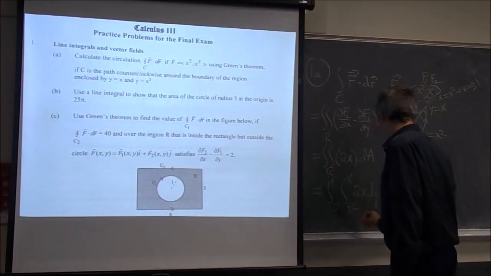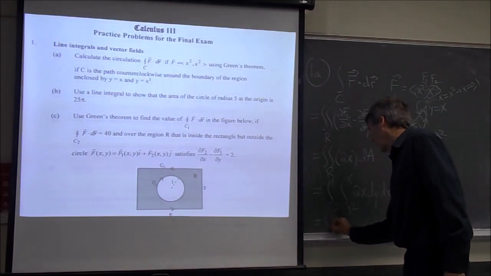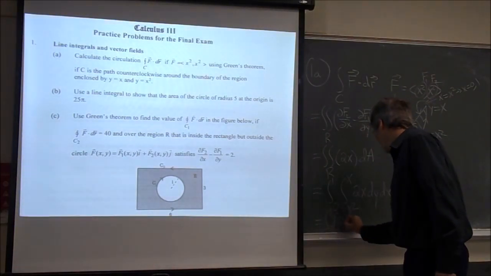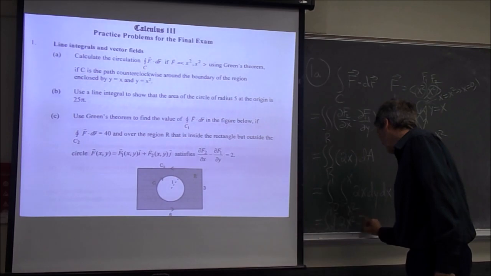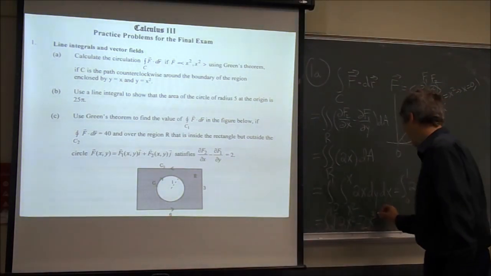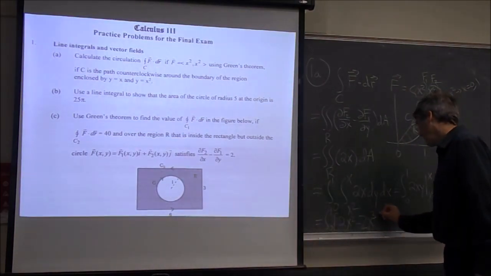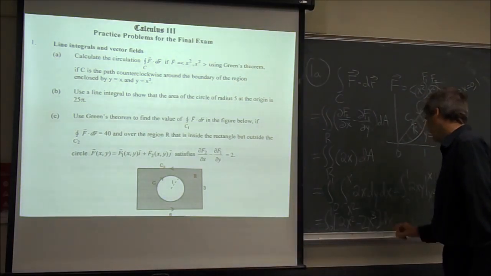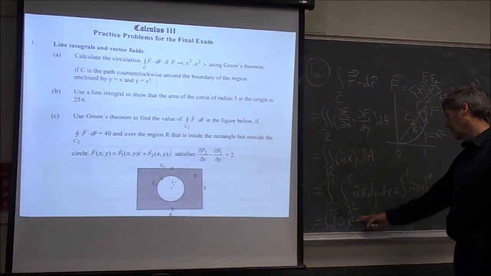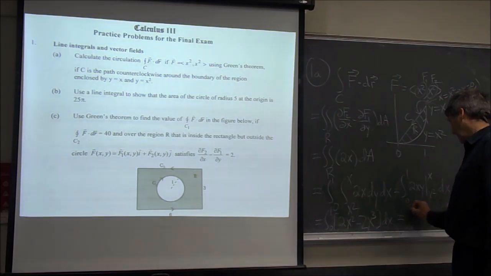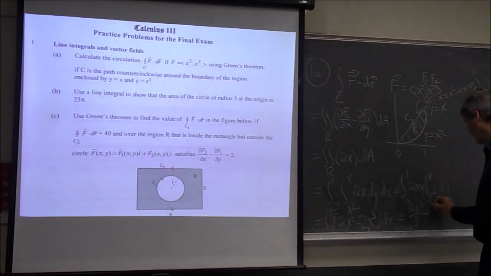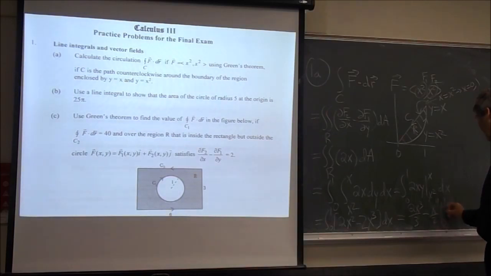So what I have here is the integral from 0 to 1, 2x squared minus 2x cubed dx. And let's see, this is then 2x cubed over 3 minus x to the 4th over 2. Plug in 0, 1 and take the difference. It's 2/3 minus 1/2. It's 1/6.